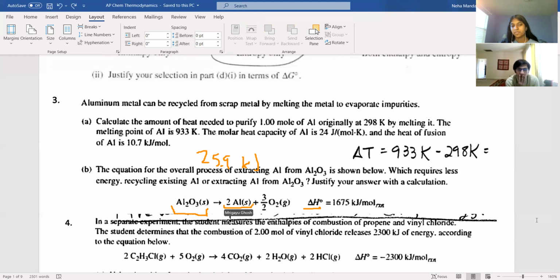Yeah. So to get 1 mole of aluminum, I think you would divide by 2, right? Yeah. So delta H for 1 mole of aluminum, you would do 1675 divided by 2.